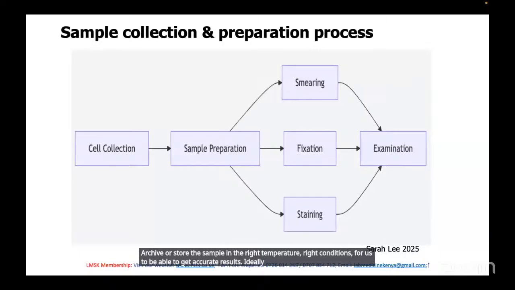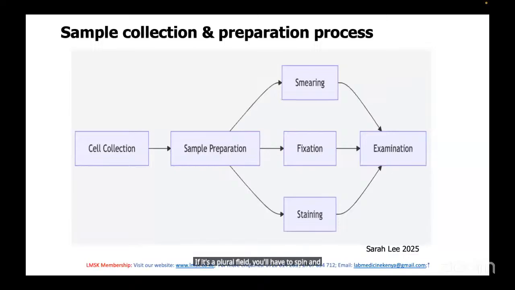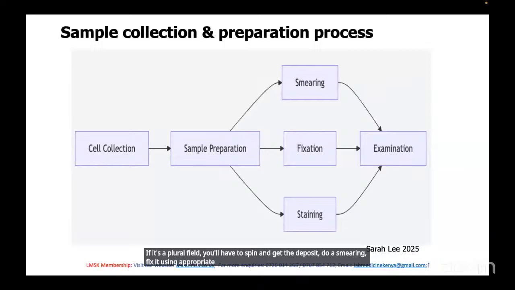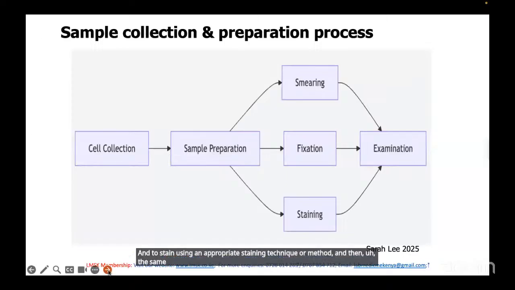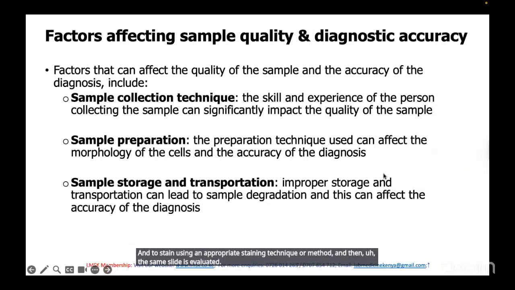Ideally, we just get a smear. If it's a pleural fluid, you'll have to spin and get the deposit, do a smearing, fix it using appropriate fixatives, and you stain using an appropriate staining technique or method, and then the same slide is evaluated microscopically.